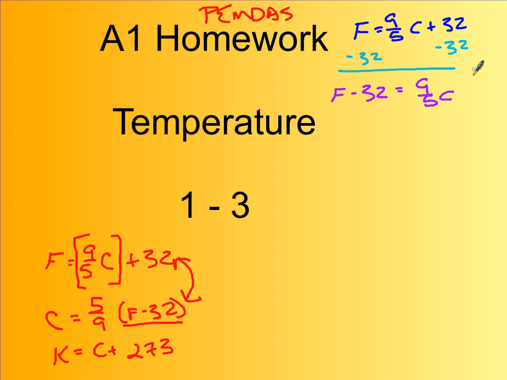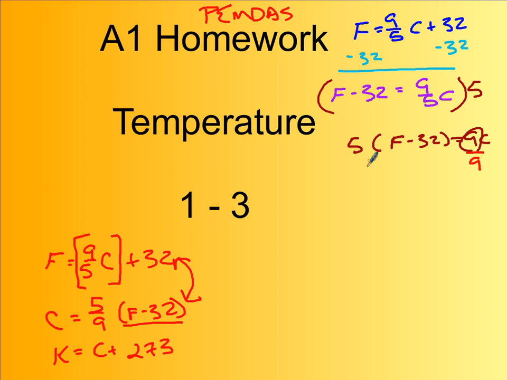Now I want to get rid of the 5, so I'm going to multiply through by it. So this is 5 times (F minus 32) is equal to 9C. Now I want to get rid of the 9, so I'm going to divide both sides through by 9.